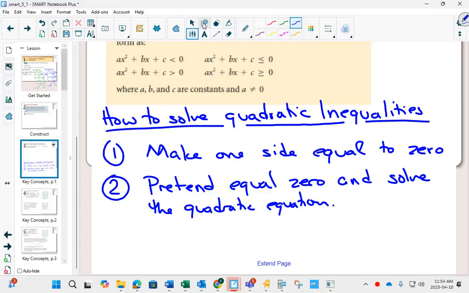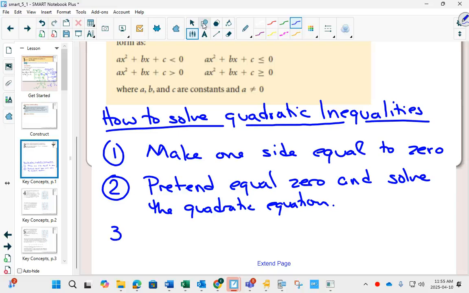And you'll find that most of them in this chapter, you can actually factor, because they like to use nice numbers, so then they avoid the quadratic formula. So for the most part, they're going to factor. So up till now, this has just been a review of chapter 3.